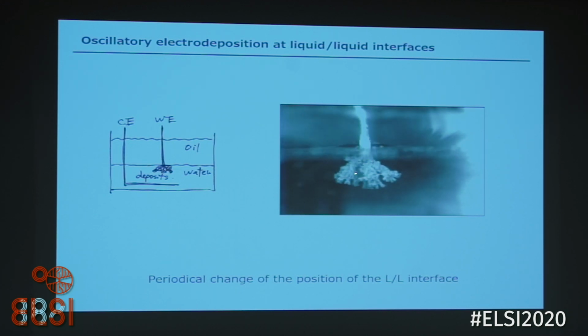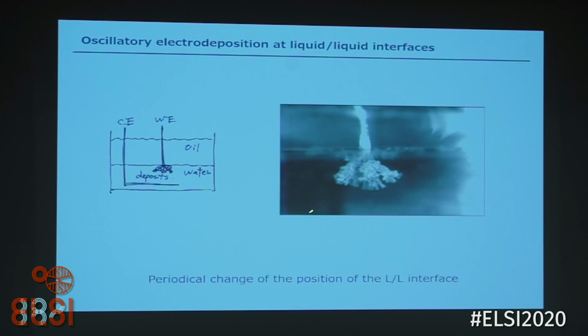And you can see that the interface is oscillating here, coupled with electrode deposition. This means the interfacial energy is also oscillating, coupled with the electrochemical reaction.